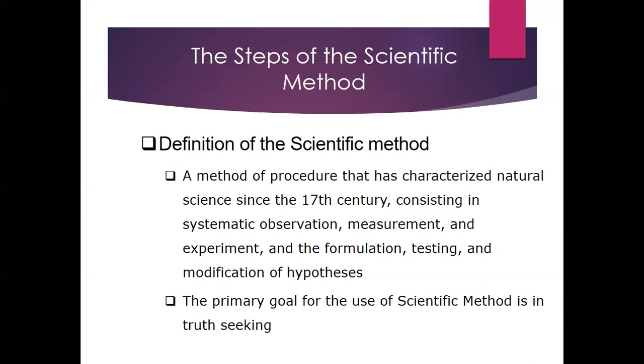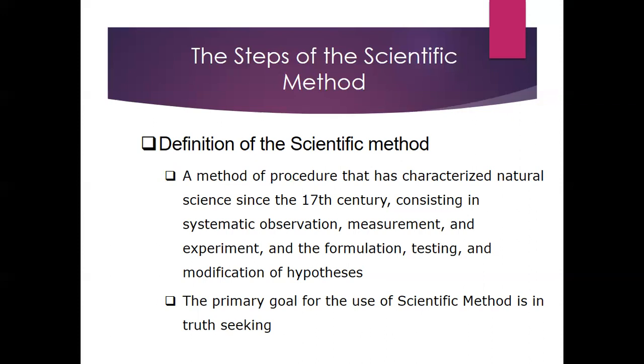It consists of systematic observations, measurements, an experiment, formulation and testing. So you're testing the data and you're testing your hypothesis to see if the things that you have observed or the data that you've collected, does it actually align with the assumption or the hypothesis that you have developed.